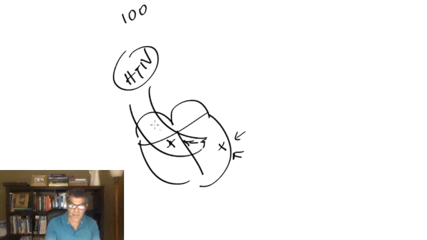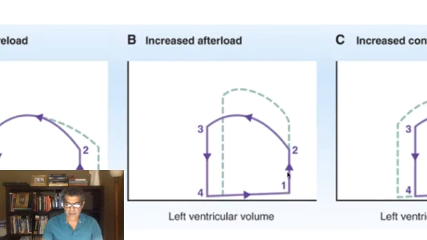But if the pressure inside the aorta is 140 or 150, then you have to create 140 or 150 pressure before you can open this aortic valve. So my point is this: if you see that the length between 1 to 2 is increasing, going higher, that means the pressure inside the aorta must be pretty high. That ventricle must work harder to open the aortic valve. As a result, that one shows increased afterload.